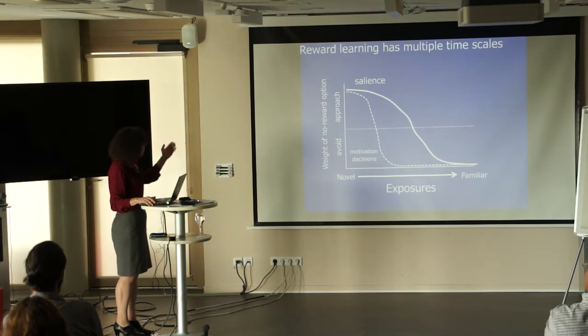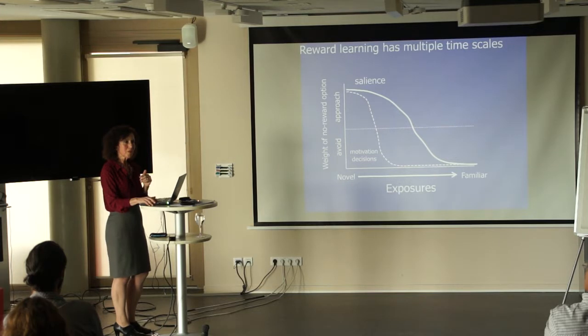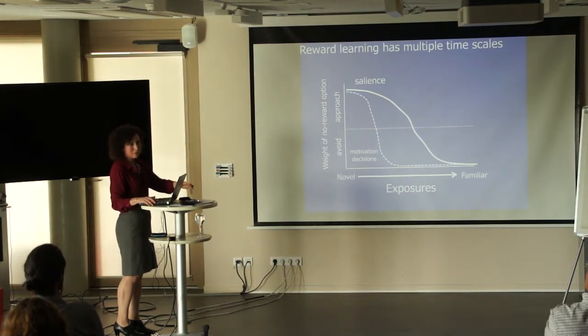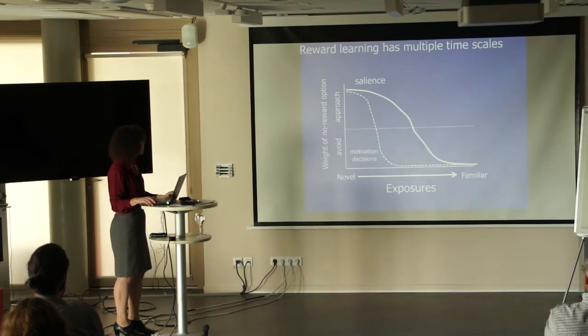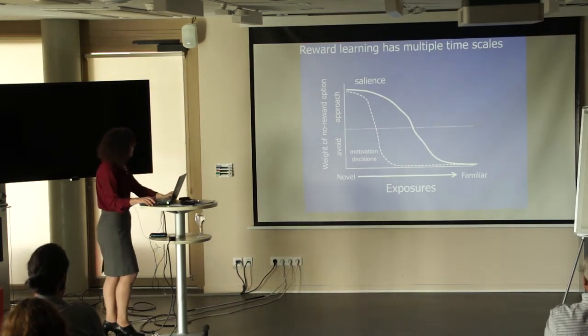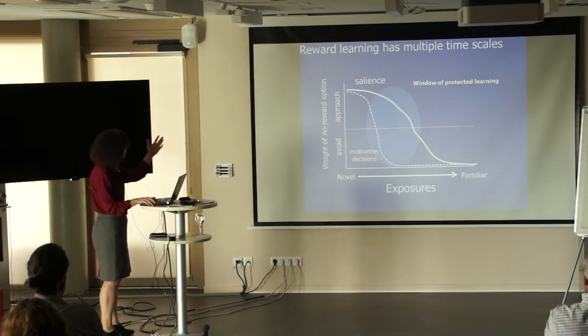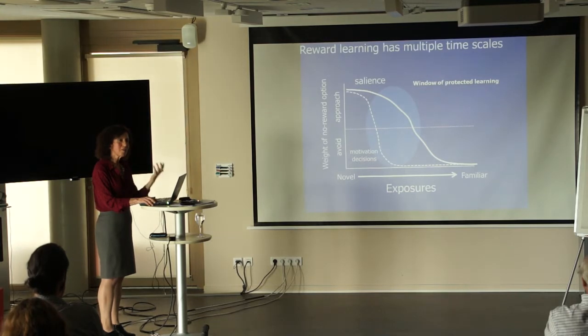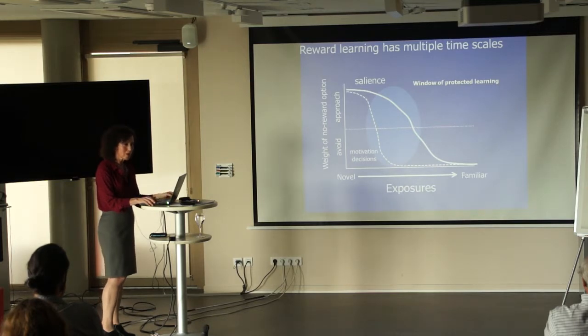And for salience, it also extinguishes, but a little bit slower, right? So the salience of a novel negative stimulus is relatively high, and after a lot of training, it becomes negative, right? It becomes suppressed. This suggests that we have some sort of window when things, even if they are unrewarded, still have salience, and maybe it's a more protected window for a little bit, to give you a little more time to learn about this stimulus.